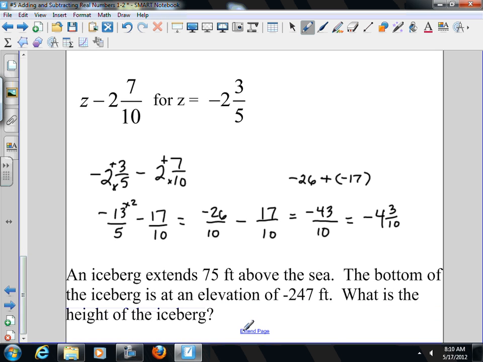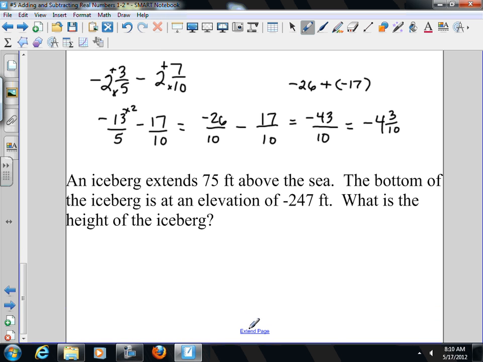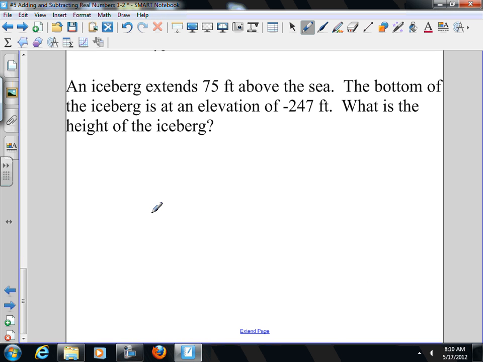Okay, last one. An iceberg extends 75 feet above the sea. The bottom of the iceberg is at an elevation of negative 247 feet. What is the height of the iceberg?